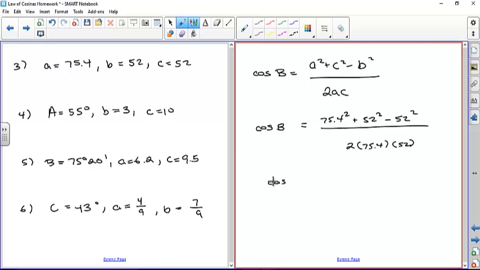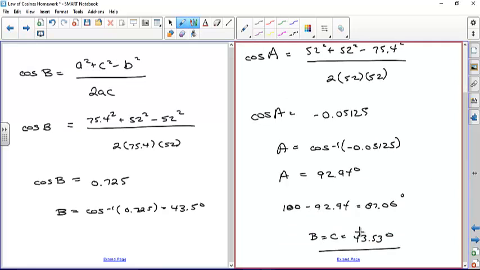So the cosine of B is 75.4 squared, that's the numerator, divided by 2, divided by 75.4, divided by 52. So you get 0.725. B is equal to the inverse cosine of 0.725, and I get 43.5 degrees, which is the same answer I got right there.